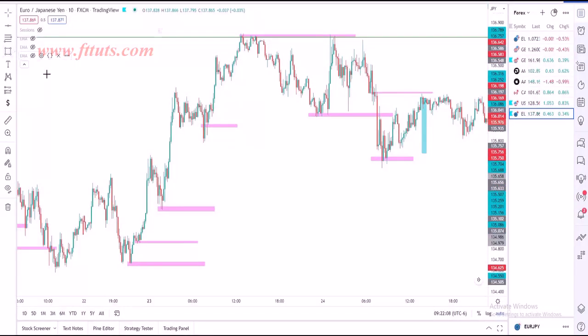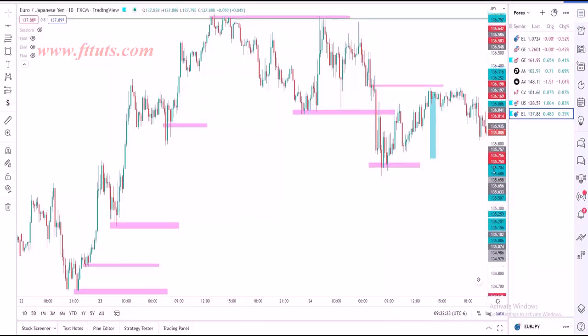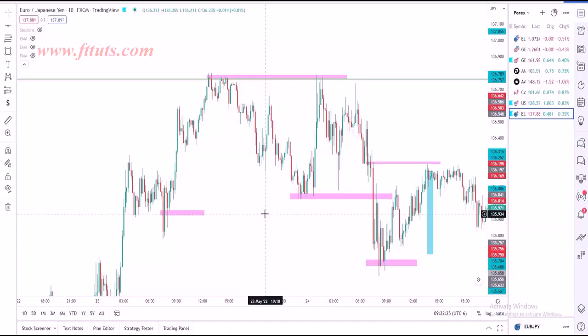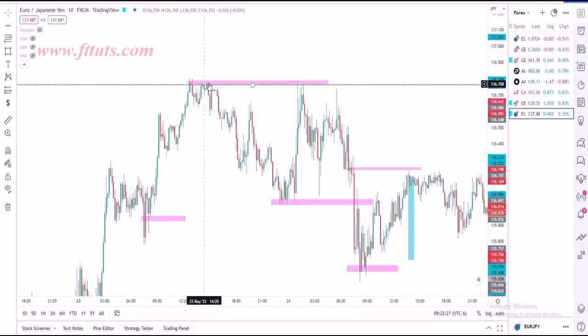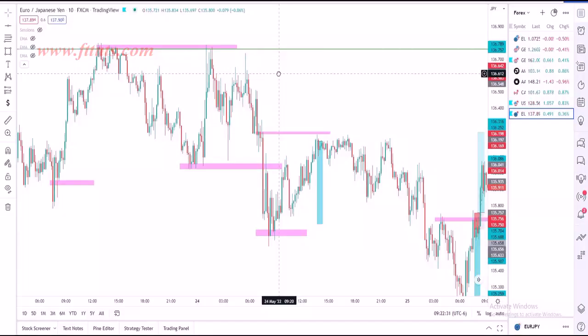I'm seeing another dramatic move away right here. What you can kind of look for is just the dramatic moves away. Okay, right there, price comes back. Let's see if we can find some on the top here. Well, I can find another one on the bottom right here.